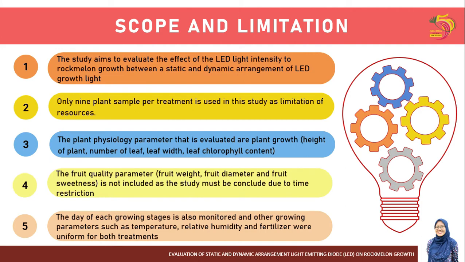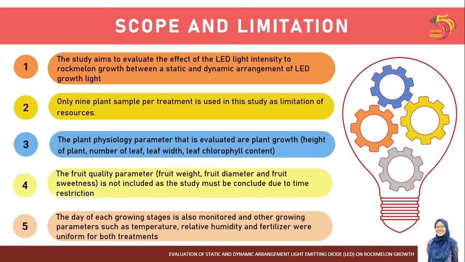For the scope and limitation, the study aims to evaluate the effect of LED light intensity on rockmelon growth between static and dynamic arrangement of LED grow light. Only 9 plant samples per treatment are used in this study due to limitation of resources. The plant physiology parameters that are evaluated are plant growth, which consists of height of the plant, number of leaves, leaf width, and also leaf chlorophyll content.